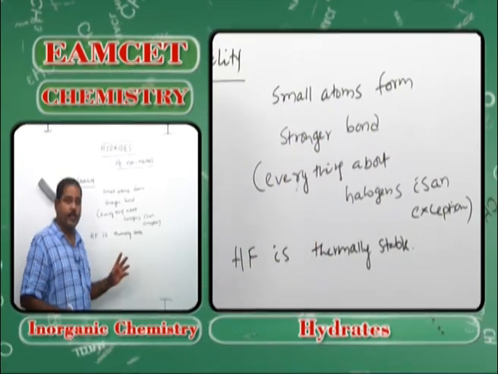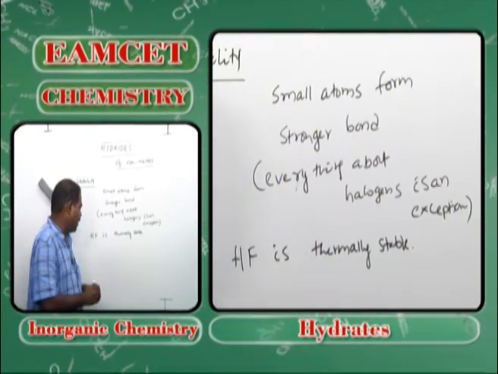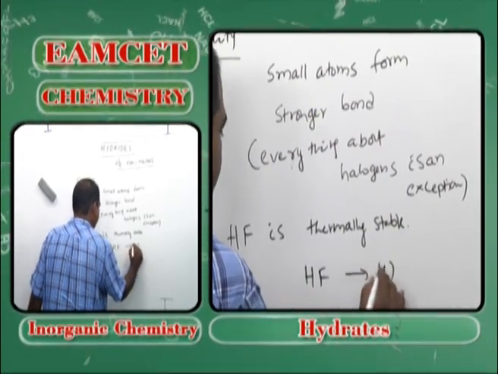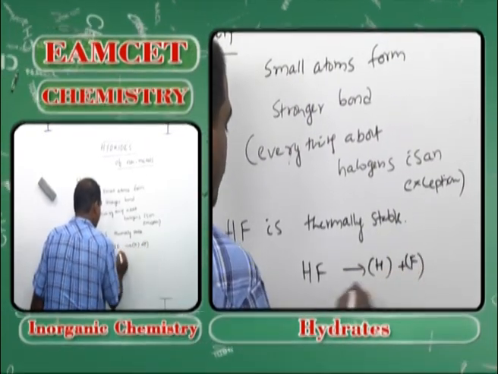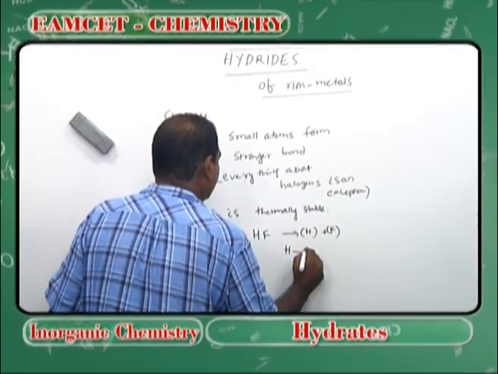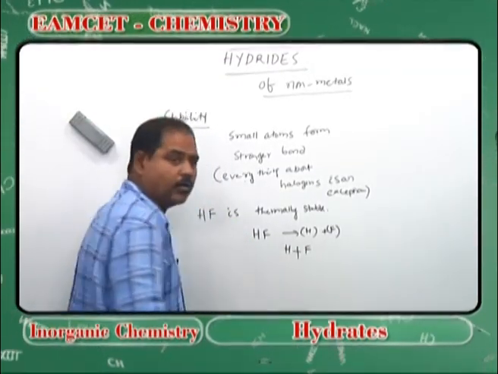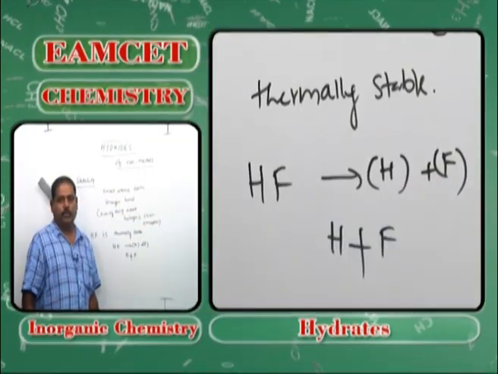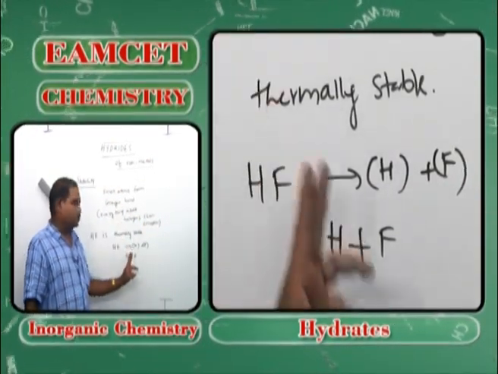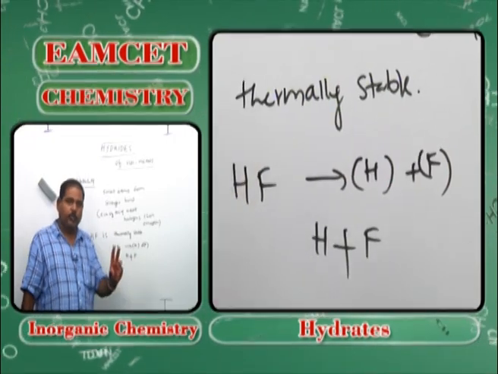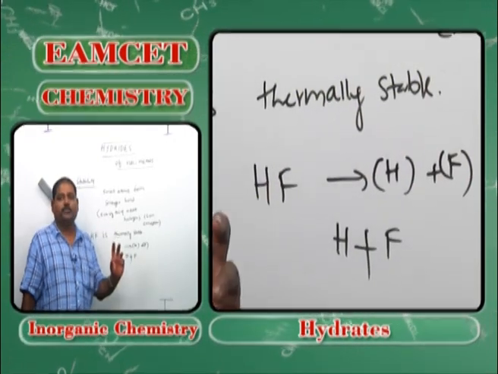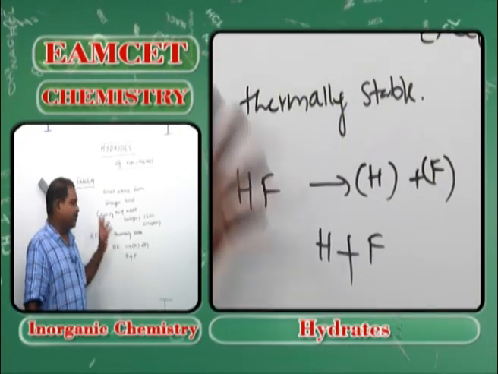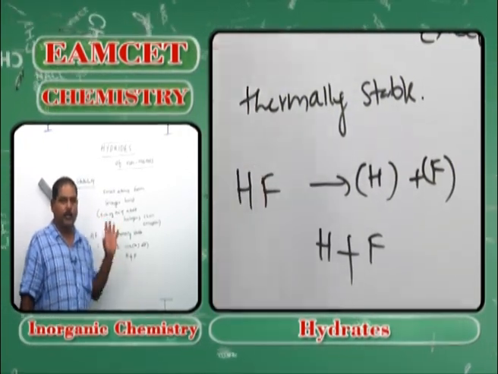Even at a very high temperature, it doesn't break into hydrogen and fluorine atoms easily. Why? Because the HF bond is very, very strong. It is a highly polar bond. So, small atoms form stronger bonds, and a molecule formed by smaller atoms on heating doesn't decompose easily. Therefore, it is said to be thermally stable.